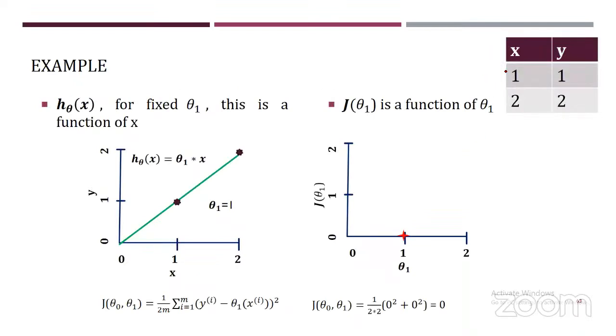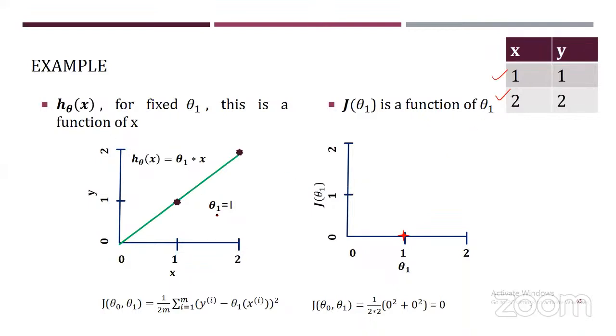Suppose we have two instances, 1 and 2, and the class label has also been taken as 1 and 2. You can take other values also, but for simplicity 1, 2 and 1, 2 have been taken. You can replace them with other values, or extend to any number of dimensions.